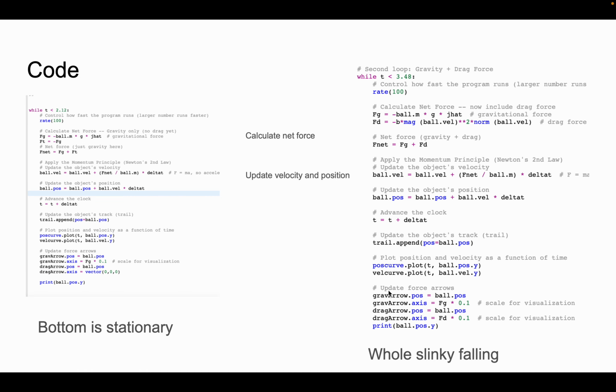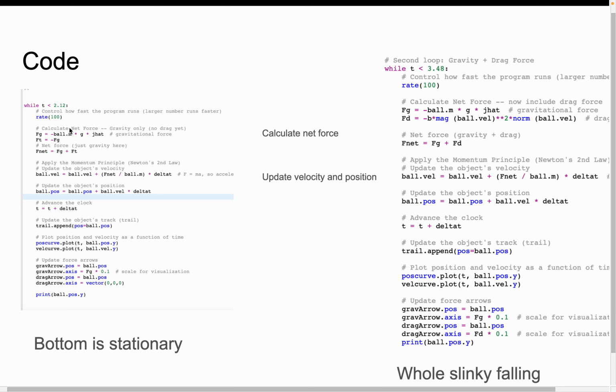This code had to be split into two parts because the net forces change. Initially the top of the slinky is falling towards the bottom. That's one part. And then when it's compressed and all falling together, that's another part because there are different forces acting there.